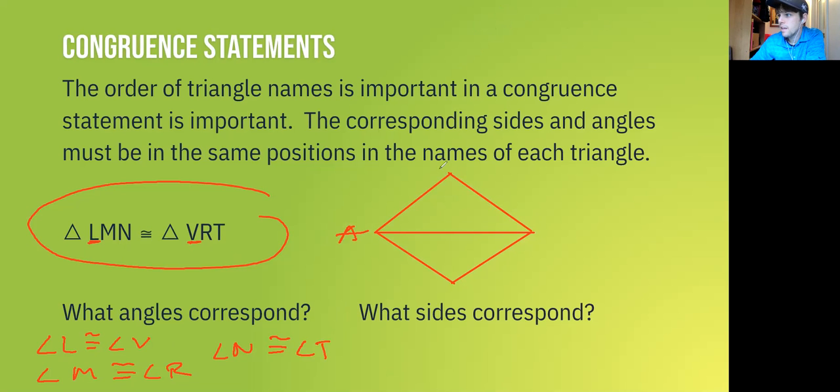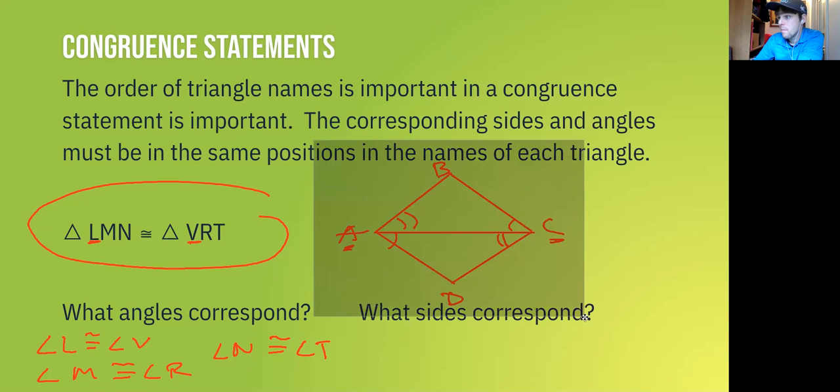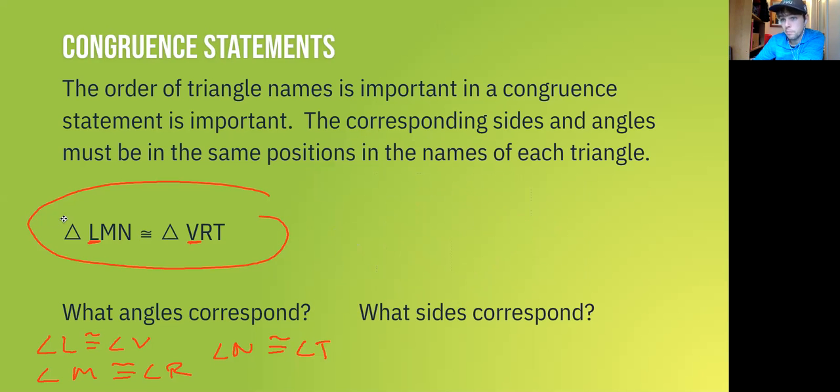Like if we have A, B, C, D, these two letters are parts of each triangle, and maybe they correspond with one another, or maybe it's something like this, so that this angle A actually corresponds with this angle C, and then vice versa. So the naming can get kind of weird when we have situations like that. But for right now, we're going to keep it simple.